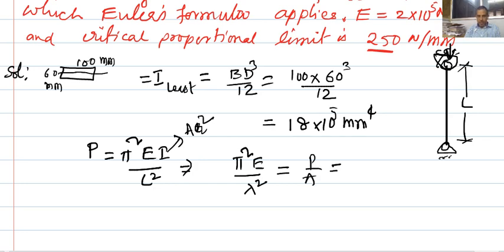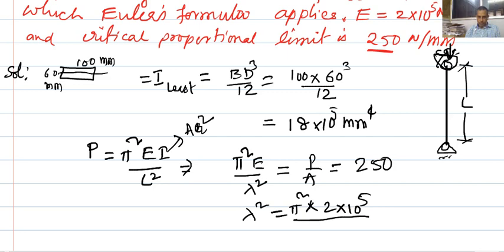P by A is the limiting critical proportional limit given. This cannot be more than 250. So what I am going to get is lambda square equals pi square E, which is 2 into 10 power 5, divided by 250.